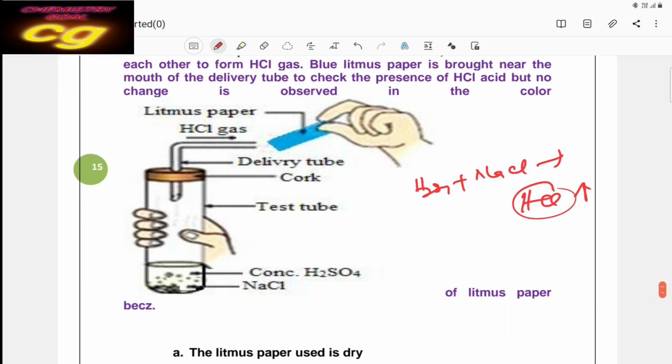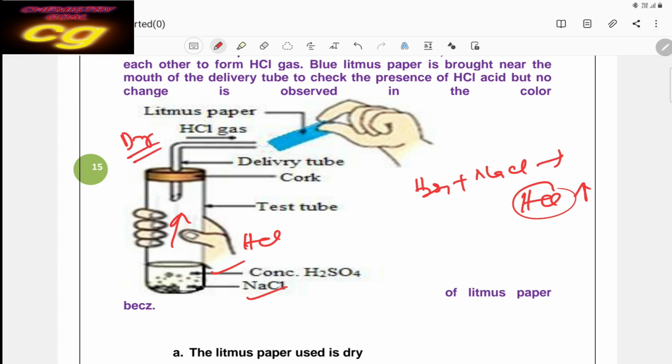You see here concentrated sulfuric acid is taken and sodium chloride is added. There will be a reaction between acid and salt forming HCl. But no change is observed in the color of the litmus paper, because the HCl is a gas, it is dry.